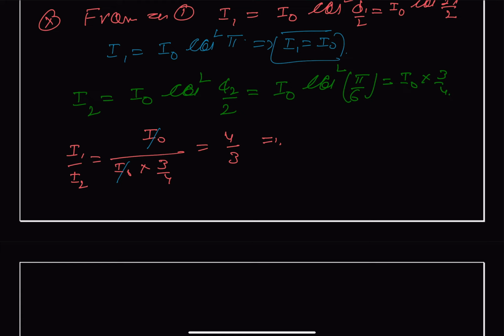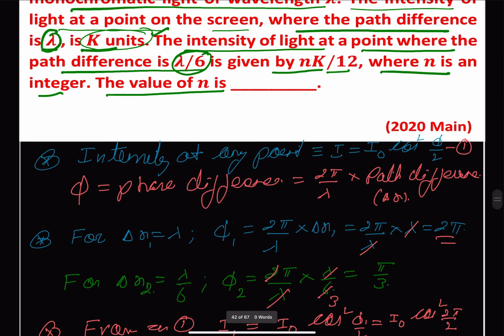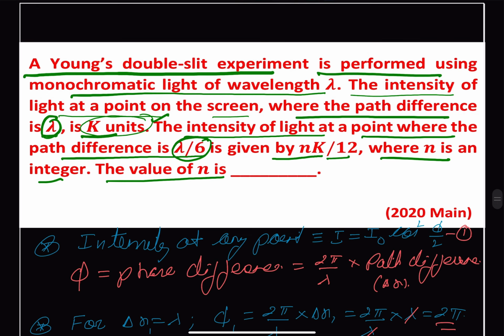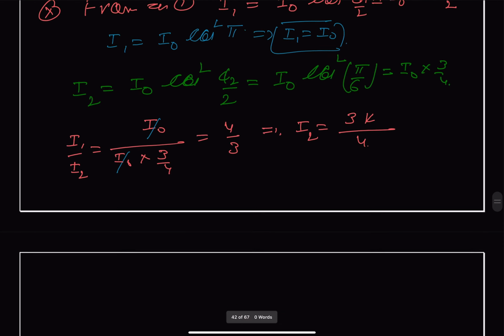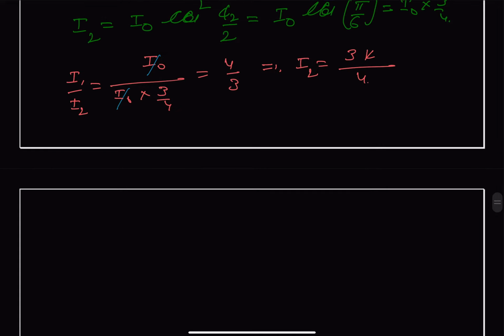We get from here that our I2 is equal to 3K by 4, but we are also given that our I2 is NK by 12.